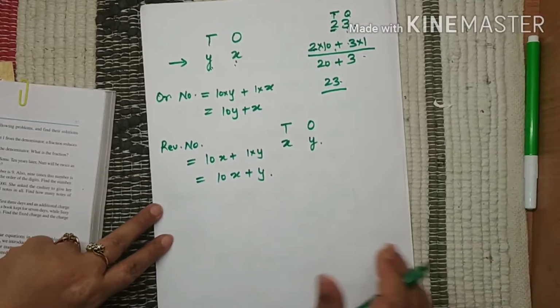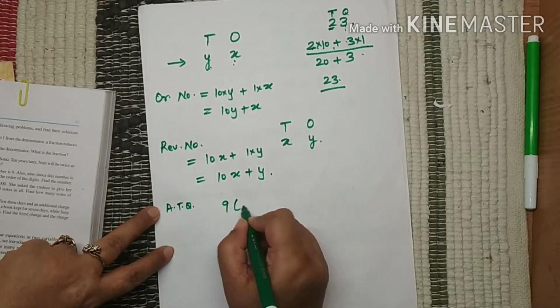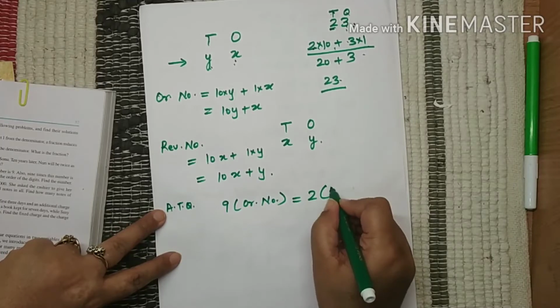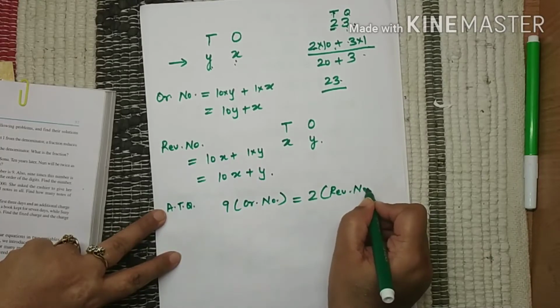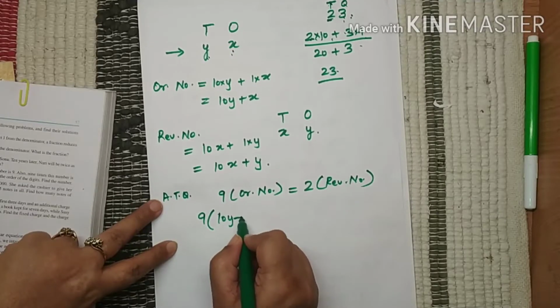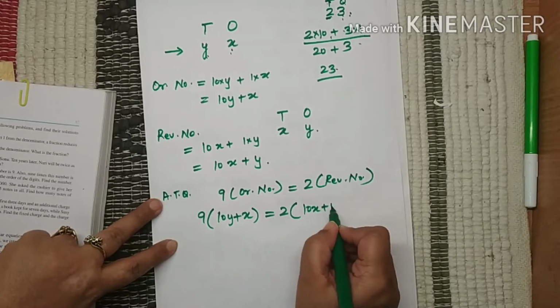This is the reversed number. Now according to the question, 9 times the original number is equal to 2 times the reversed number. So 9 times the original number is 9(10y plus x) and 2 times the reversed number is 2(10x plus y).